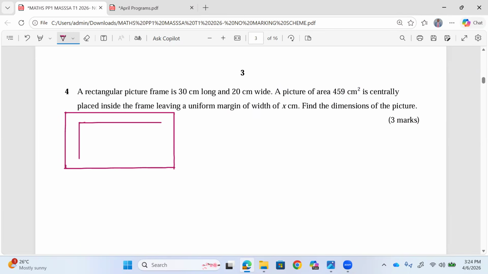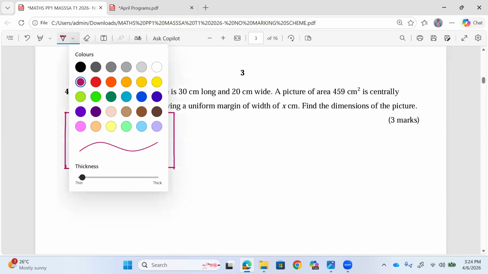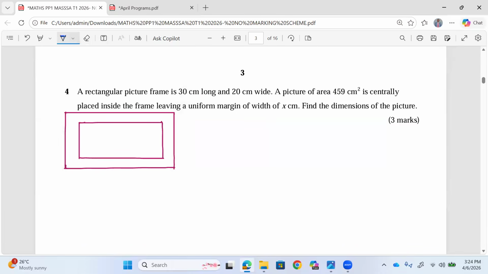So the picture is going to be put inside centrally, such that the uniform margin is left throughout this frame. So now we're going to talk about the original length, 30 centimeters, and the original width, 20 centimeters.